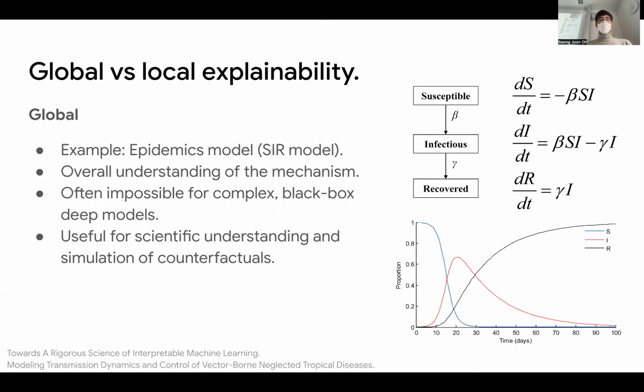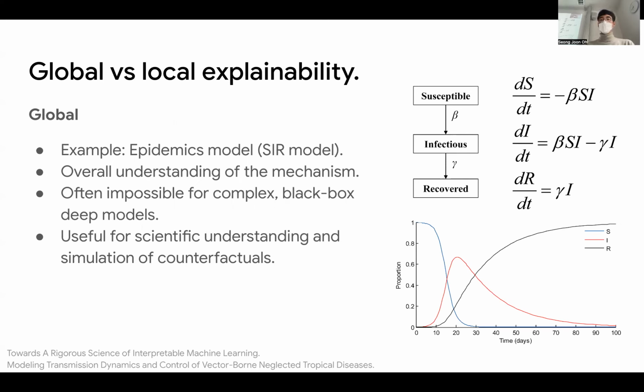So let's look into global versus local explainability as well. A global explanation of a system means it's not on a per-case basis. For example, there's an epidemics model such as the SIR model, which looks into the transition of every individual from the susceptible stage to the infectious stage and then the recovery stage.